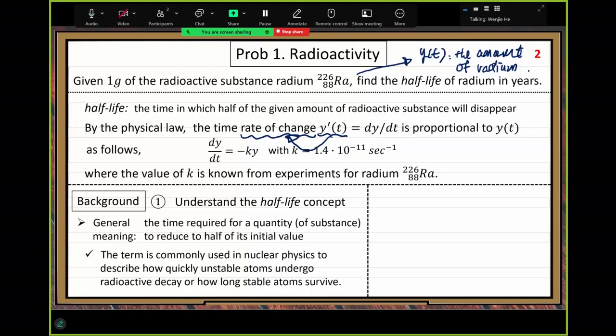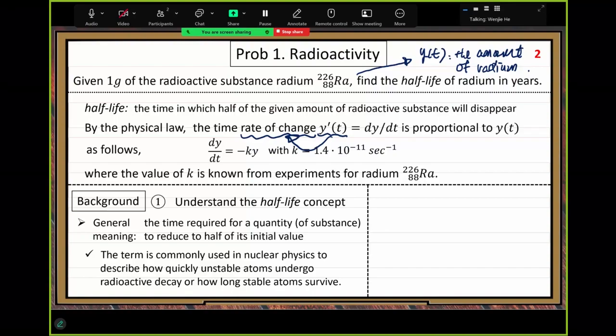Radioactive substance appears in nuclear physics, right? So that part of knowledge is in physics, nuclear physics. It's commonly used to describe how quickly unstable atoms undergo radioactive decay.